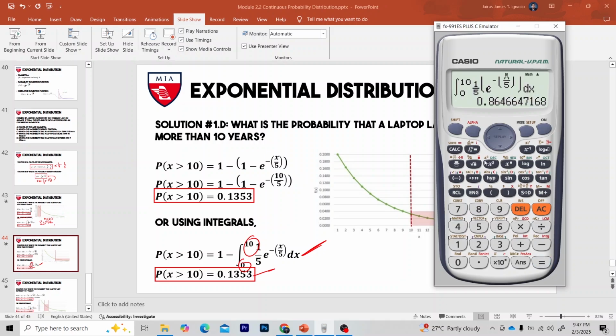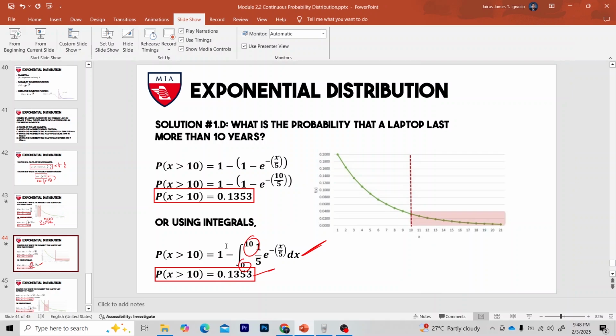We have this value, so shift store A, and we need to subtract it from 1. So 1 minus alpha A gives us 0.135335 and so on.